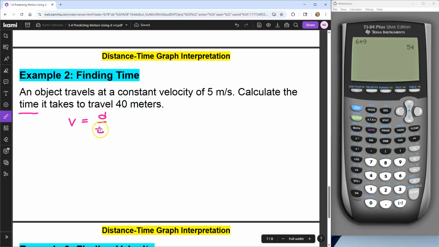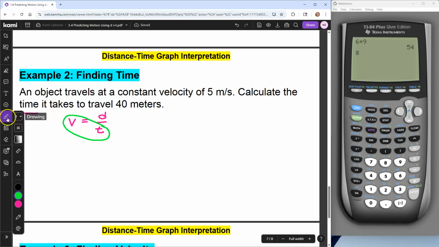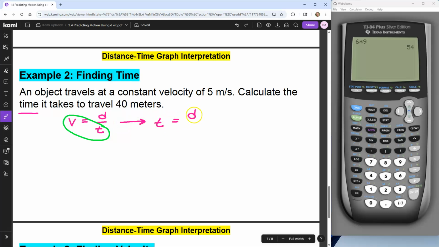So to get my time by itself, I'm going to multiply both sides by time while also dividing both sides by velocity. And when I do that, I get time is equal to distance divided by velocity.